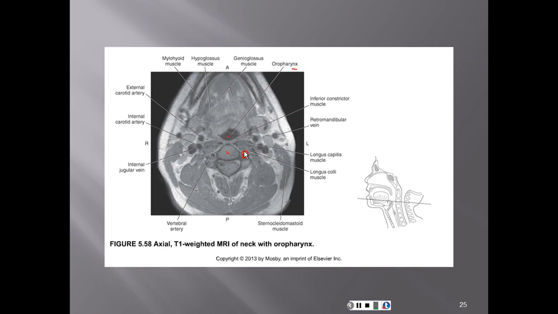And the transverse processes of the cervical vertebra have the vertebral vasculature traveling up. The muscles that you want to know are the sternocleidomastoid muscle, the constrictor muscles, genioglossus muscle, hyoglossus muscle, mylohyoid muscle. These are all muscles of the base of the tongue.